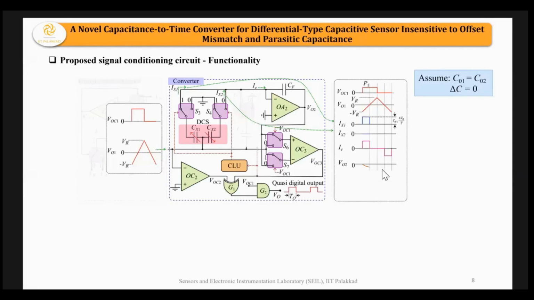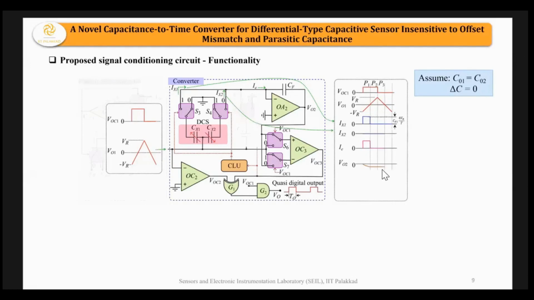In effect, the current through CX1 flowing into the integrator will be a square pulse whose amplitude is proportional to CX1, and that is integrated by the op amp and capacitor CF, shown as V02.